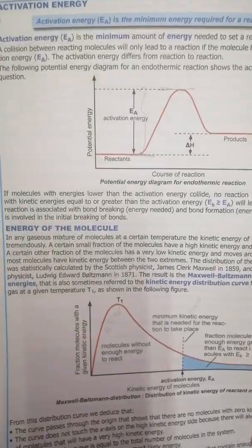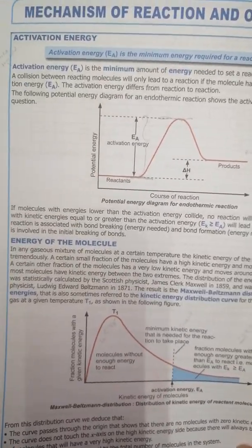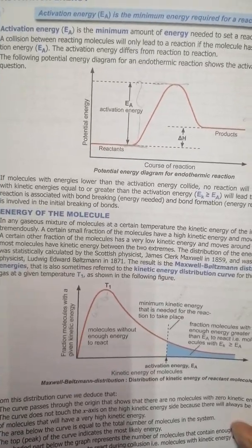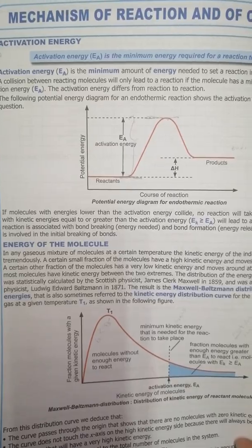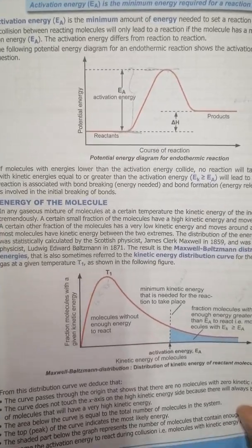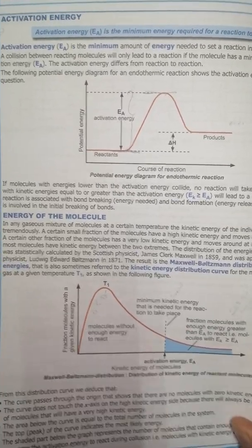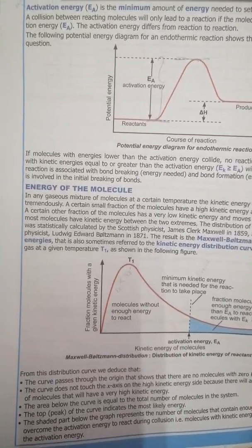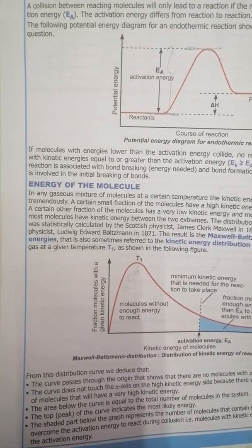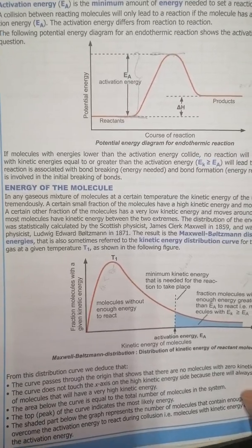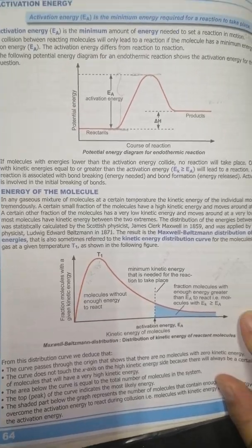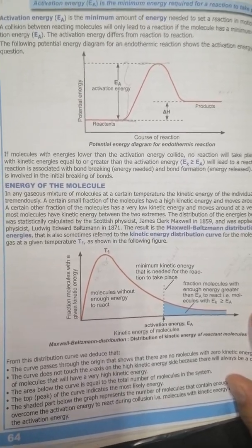Now, in real life, when we have a system or a reaction, some of the molecules, or some of the reactants, will have extremely low kinetic energy, which means their kinetic energy is going to be less than the activation energy, and they will not take part in the reaction. Then you will have, on the other end of the spectrum, some particles which have very high kinetic energy, so they will move very quickly and collide much more. And because they have very high kinetic energy, they will have more energy than the activation energy, so they will take part in the reaction.